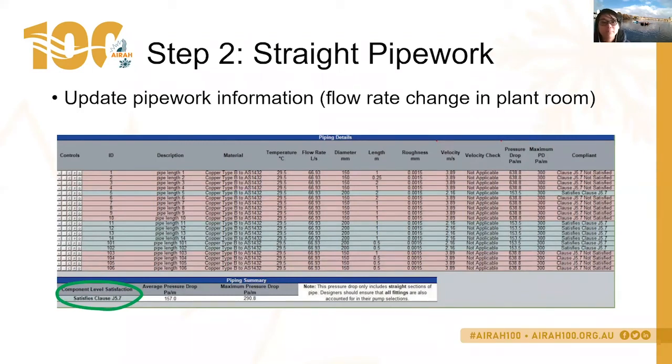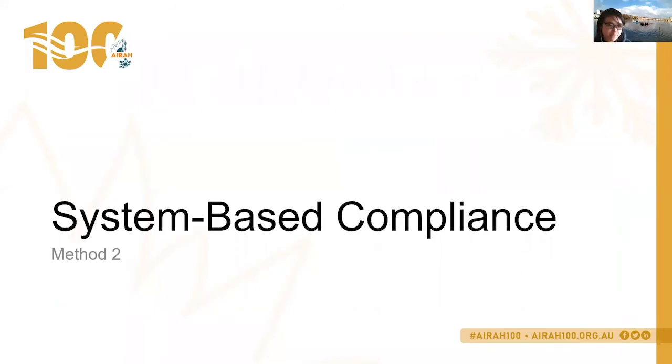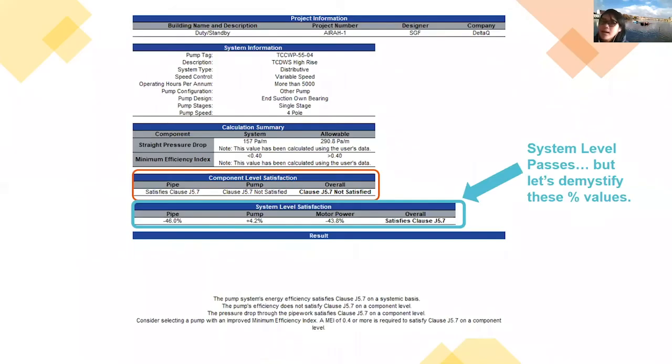But because my pump efficiency doesn't comply on a component-based level, I need to figure out how we can meet Section J compliance requirements. So we're going to test out using the system-based compliance now, or method 2. Because we've used the more complex methods, so instead of just taking the MEI directly from the technical data and entering it in, we've used the best efficiency point to calculate it.